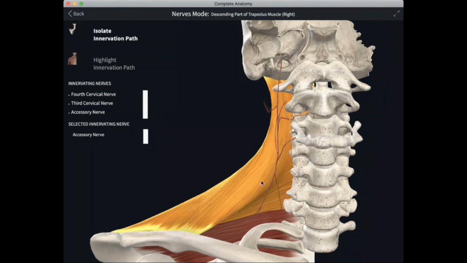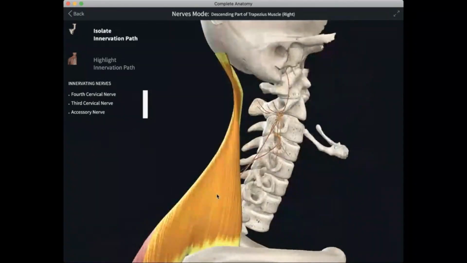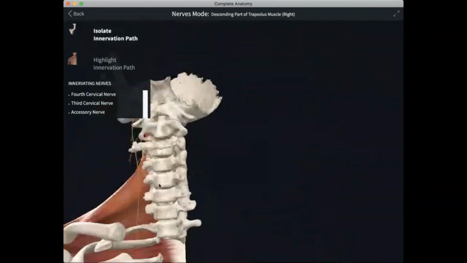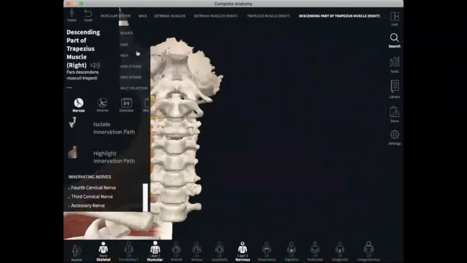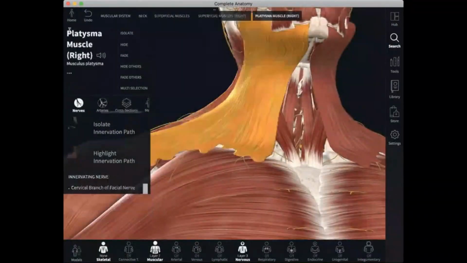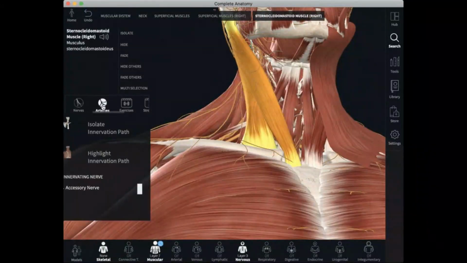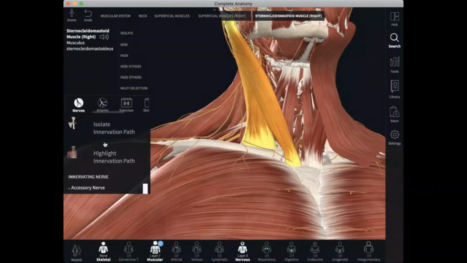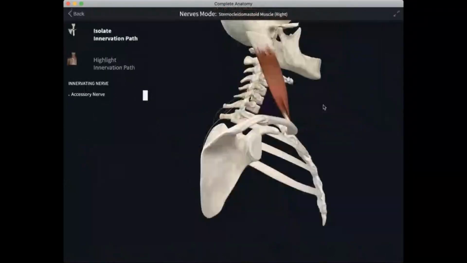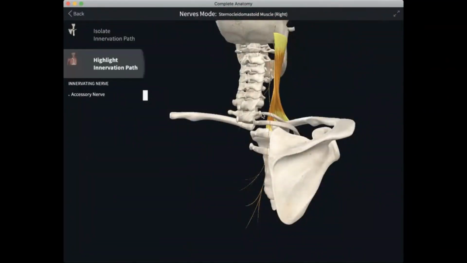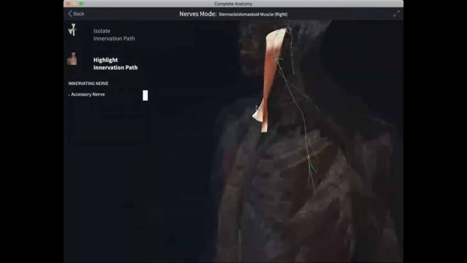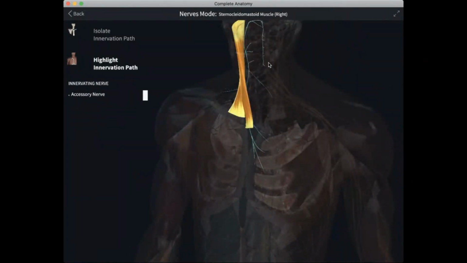So this nerve goes all the way and supplies the trapezius muscle and also the sternocleidomastoid muscle in the neck. This is the sternocleidomastoid muscle, and the same accessory nerve is supplying it. So this is the function of the 11th cranial nerve, the accessory nerve.